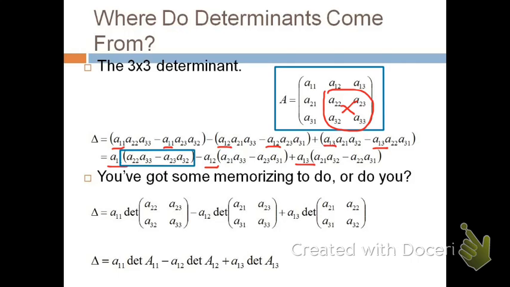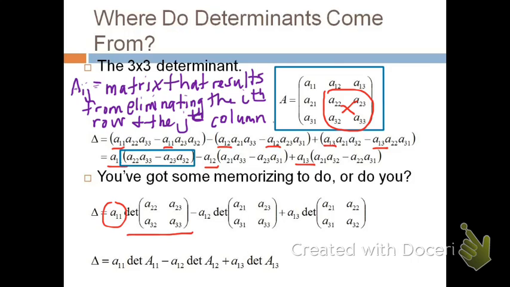So what do we notice here? We have A11 times the determinant of this matrix. So let's see where this has come from. What do we also notice? Let's call this matrix that I have circled in red the matrix A sub ij, where A sub ij is the matrix that results from eliminating the ith row and the jth column. So for this particular one, where does our ij come from?